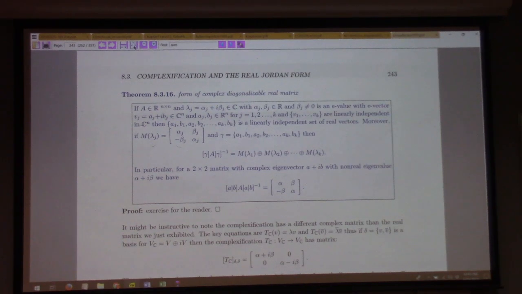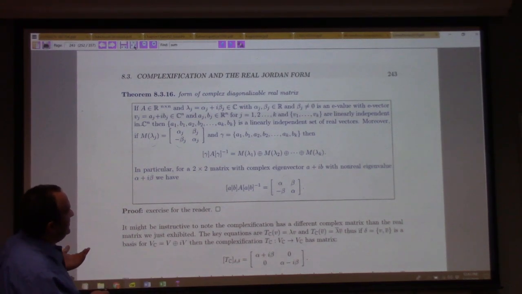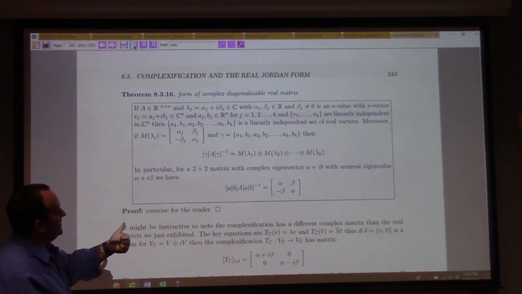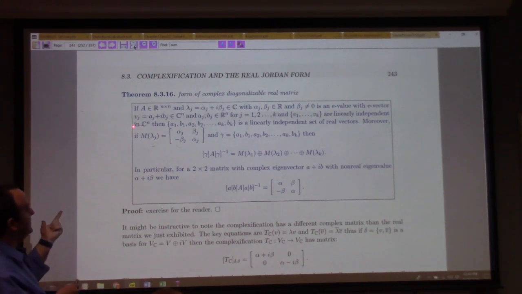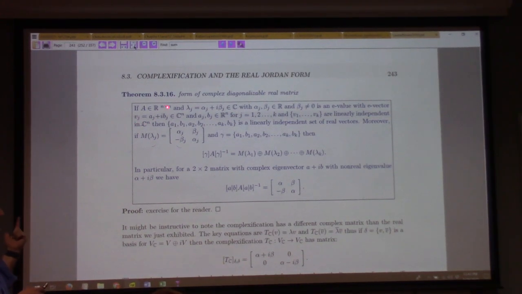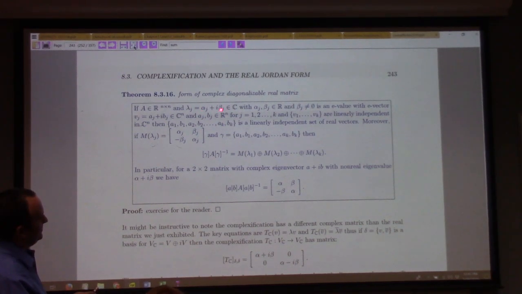Suppose you look at the complexification of a matrix and you had not just one complex eigenvector. Suppose you had a bunch of them, vj equals aj plus i bj, and each one of these was a complex eigenvector for A with eigenvalue alpha j plus i beta j, where beta j is non-zero.